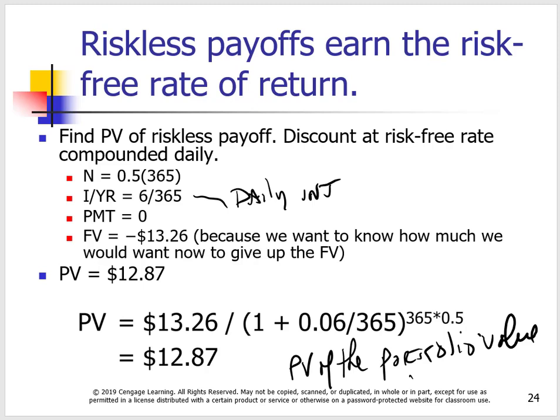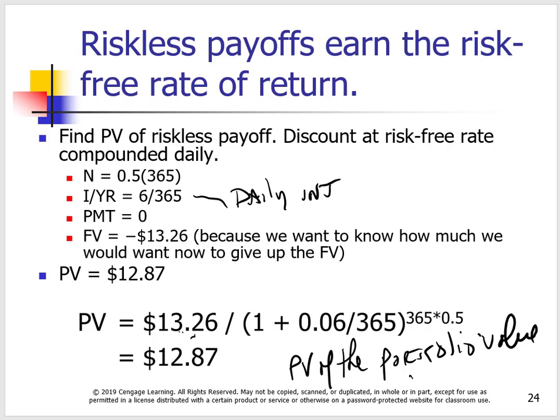So we need to then, since that is the value a half year from now, find the present value of that. How do we do it? We know N is a half a year times 365 days. We have to convert everything to days. The interest rate is 6%, again, divided by 365 days. Payment 0.